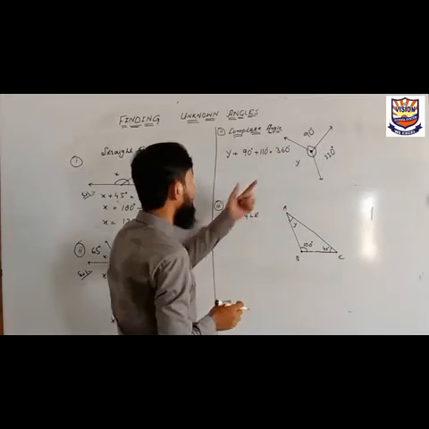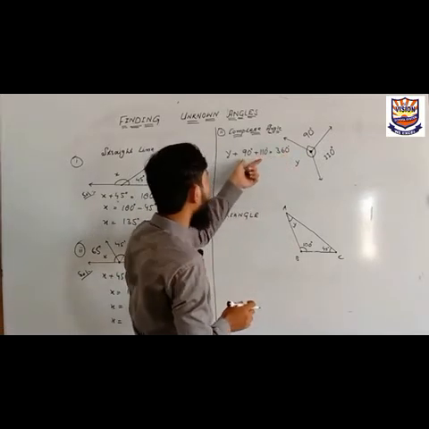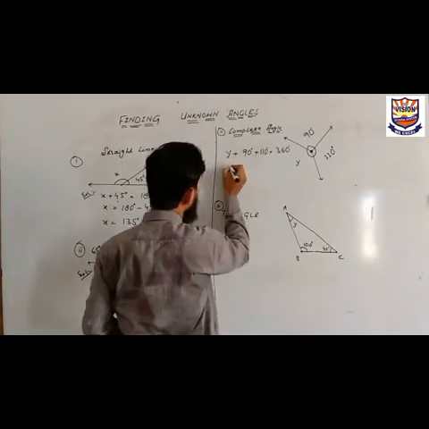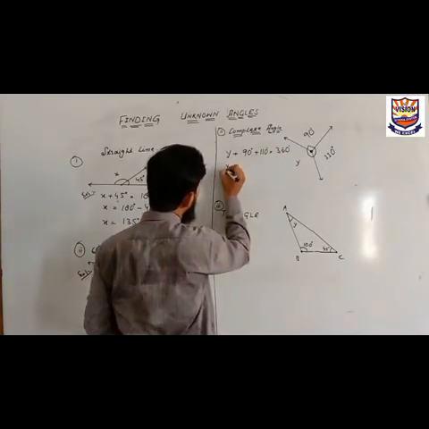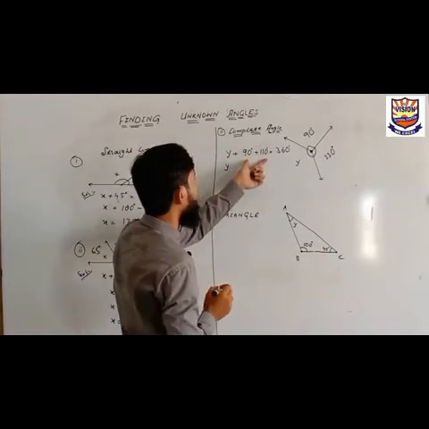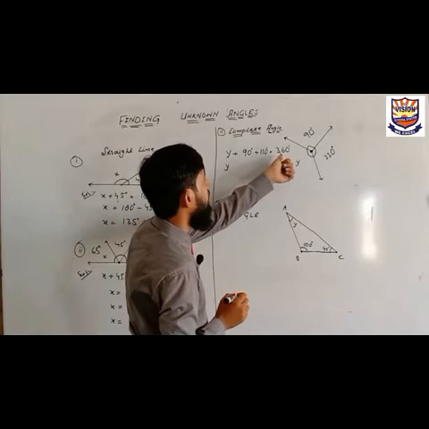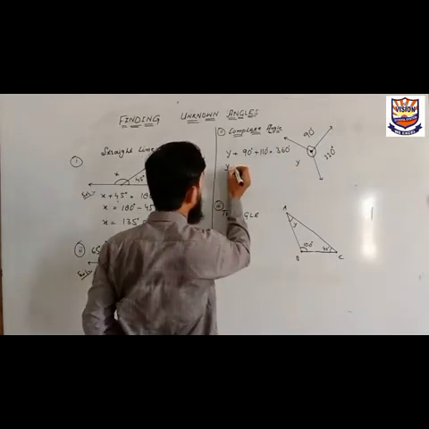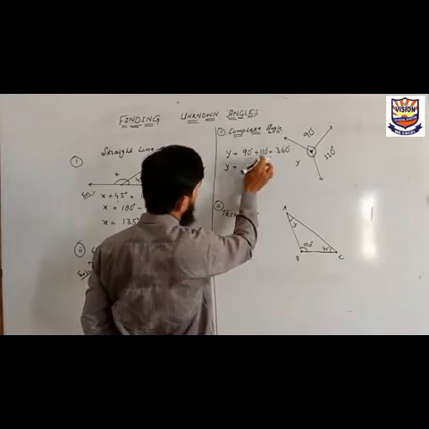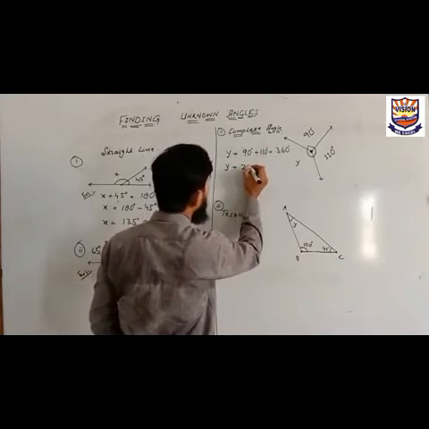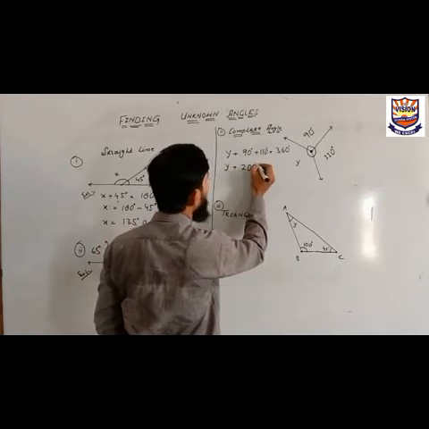Again, simply subtract 90 and 110 from 360 degrees, or you can first add 90 and 110 and subtract the sum from 360 degrees. I am first of all adding 90 and 110, which is easier. This would be 200 degrees.